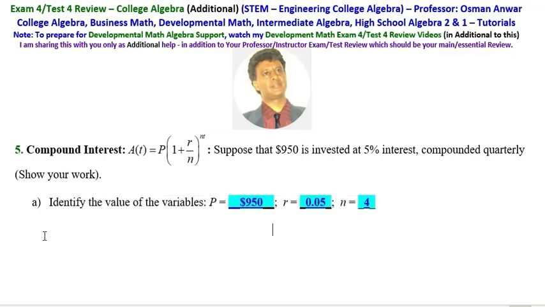A, identify the value of the variables, which is P is equal to 950, that's the initial investment. The interest rate r is 0.05, which is 5%, and it is quarterly, that means 4 times a year, so n is 4.